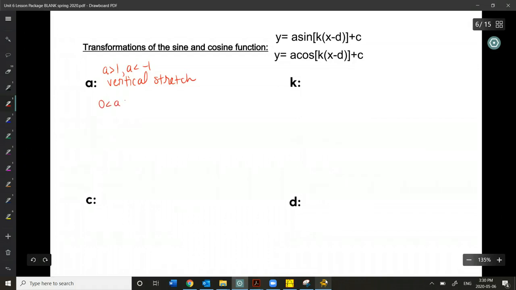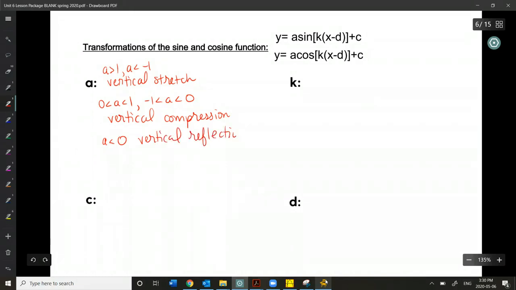If a is between 0 and 1 or -1 and 0, you have a vertical compression. And if a is negative, or in other words, less than 0, this is a vertical reflection.